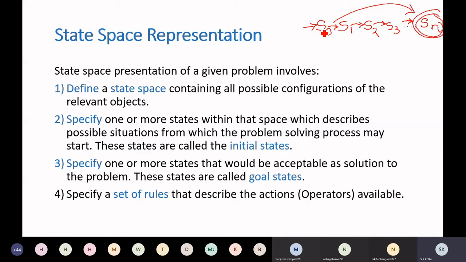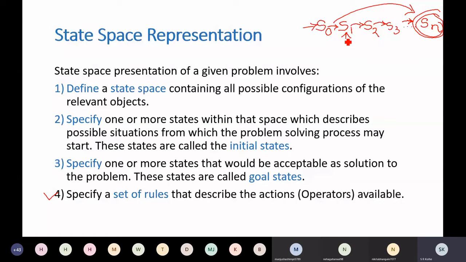Now how are you going to move from state S0 to S1? For that purpose you are going to apply a rule. So you choose an applicable rule and apply that rule on this state S0. It will convert S0 into S1, so your current state will be S1.